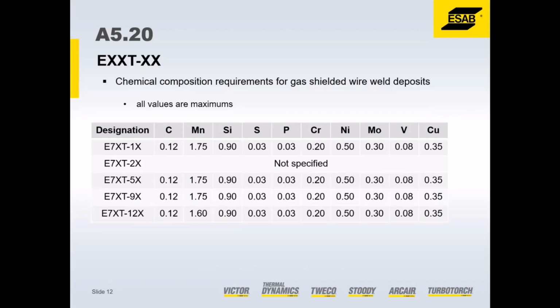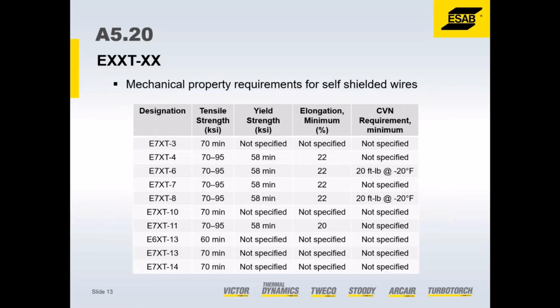The nominal chemistry, or the maximum value for chemistry for these wires, would all be the same, regardless of whether they are for flat or all position wires. And then the mechanical property requirements of the wires.